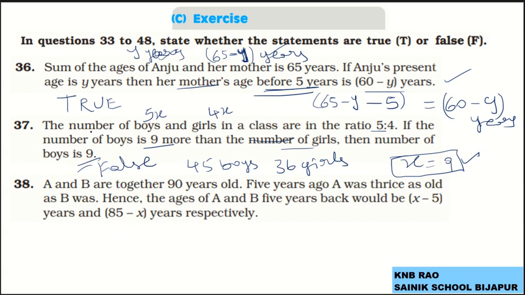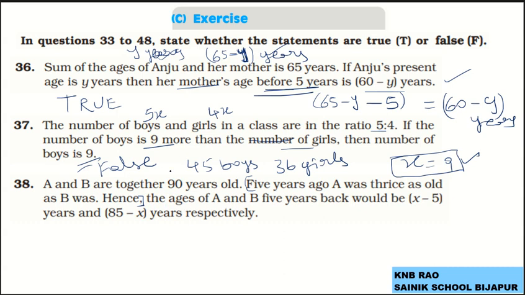Next, coming to question number 38. See children, A and B are together 90 years old. 5 years ago, A was thrice as old as B. Try to read this sentence but don't get influenced by that.